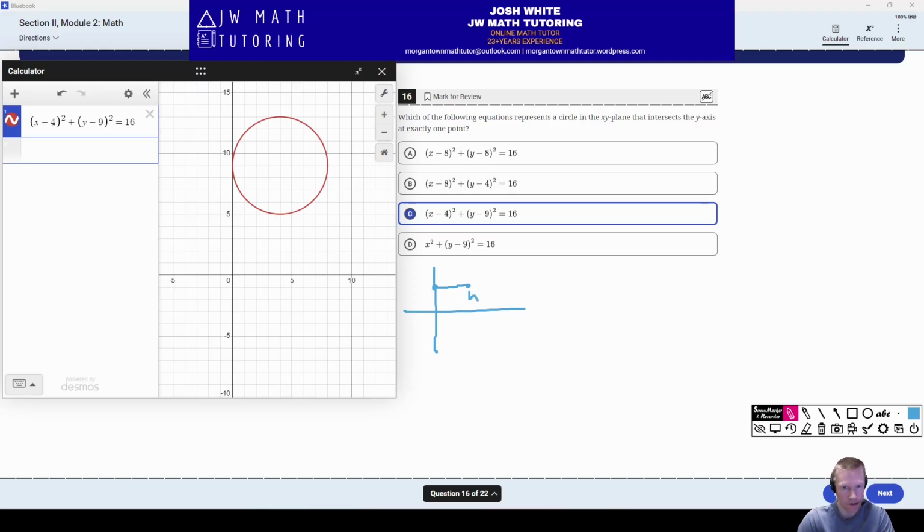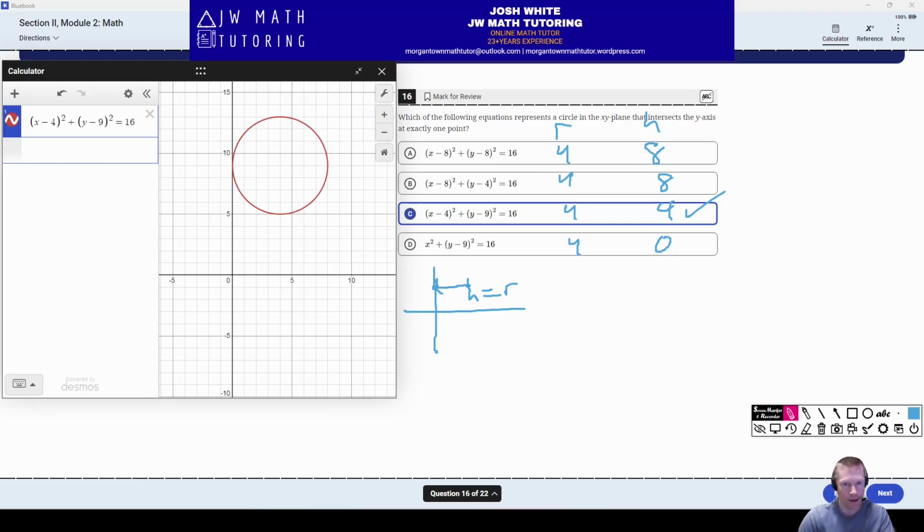So in other words, you need the distance from the y-axis to h to equal the radius of the circle. So the radius value for each of these is 4. Just square root of 16 is 4. The h value for each of these, 8, 8, 4, 0. So the only one where it matches is going to be letter C. So that's kind of like the theoretical way to solve this.